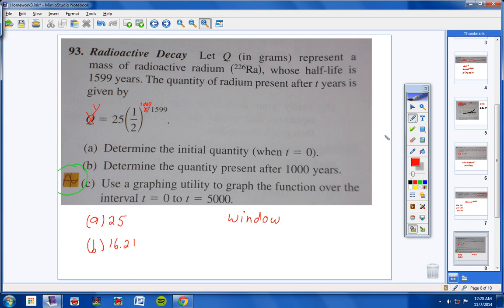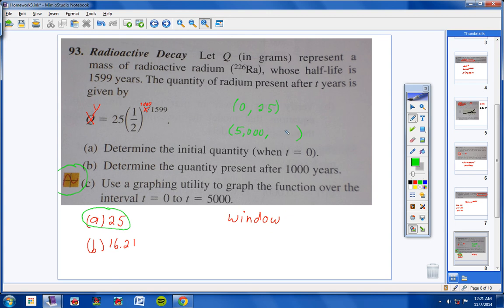Now, watch carefully what I do next. I already know that when I put 0 in for x or for t, I got out what? Remember, we did it here for letter A. We got out 25 right here. And then, if I were to put 5,000 in for t or for x, what would I get out? Well, I've already done it for you to save you some time.